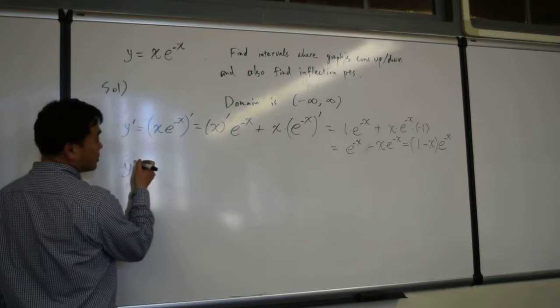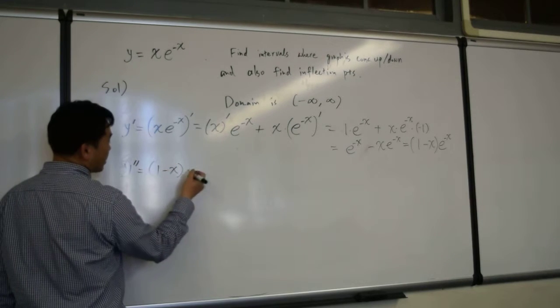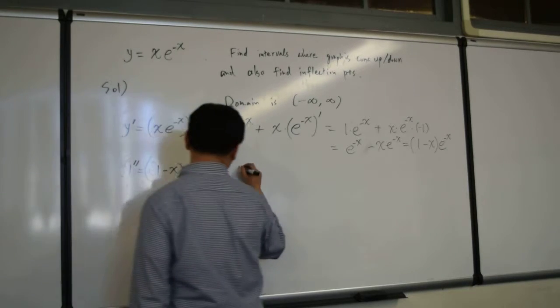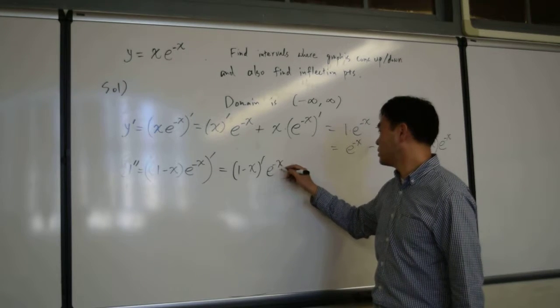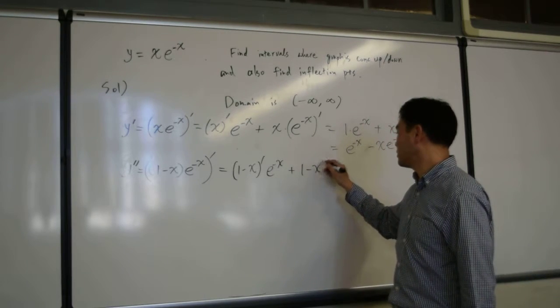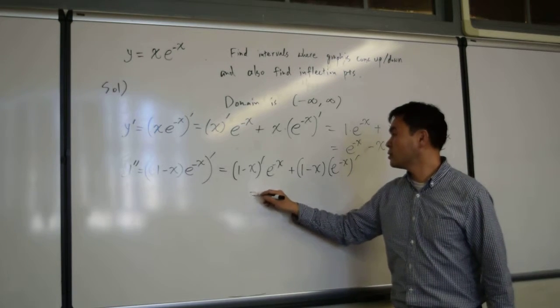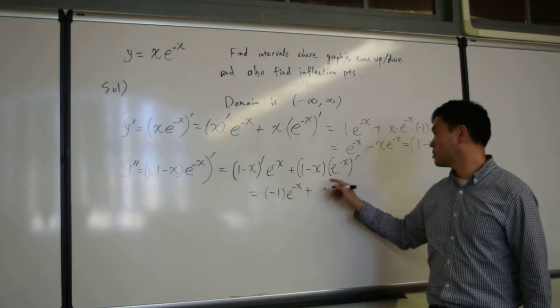Now, y double prime, which means I have to differentiate y prime. It requires another use of the product rule. This gives you negative 1 times e to the negative x.